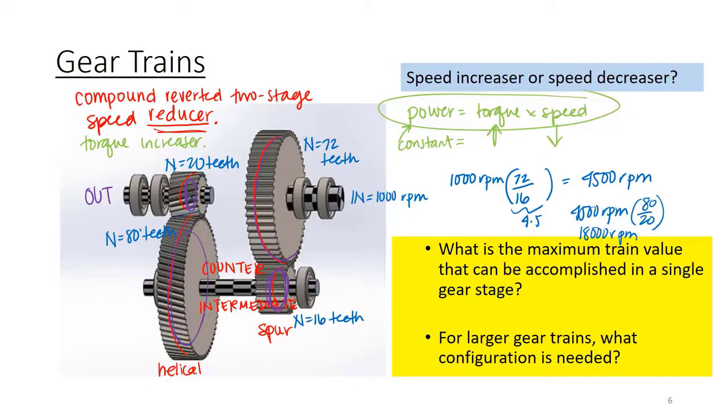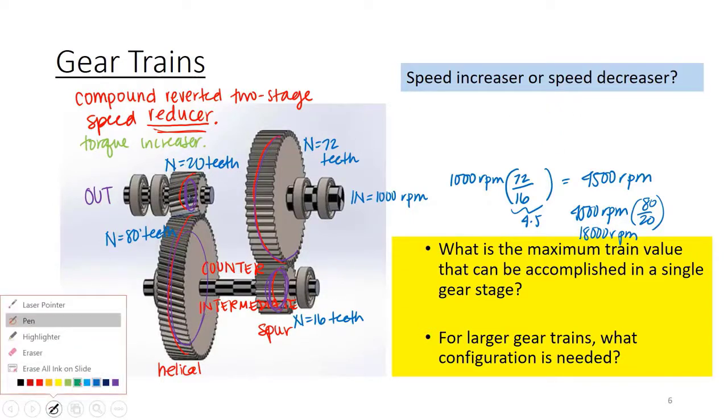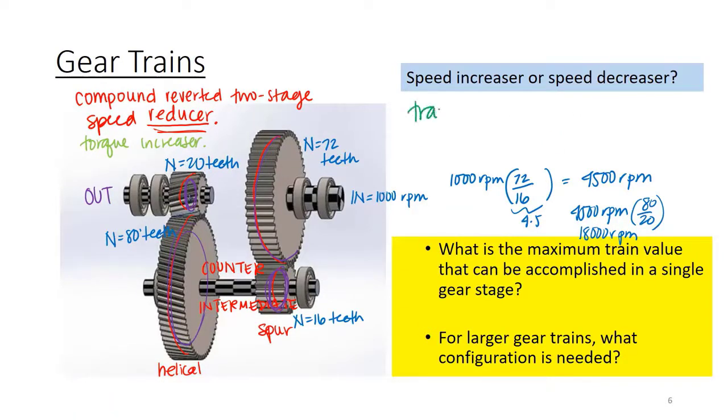Okay, so another way to think about this is we had an overall increase of 18-to-1 in speed. And that should match up with if we do a gear train calculation, or train value. Okay, so train value. So the driving teeth, here's our first driver, 72 teeth.